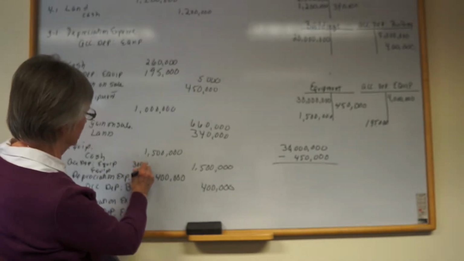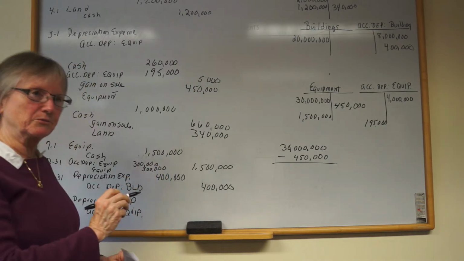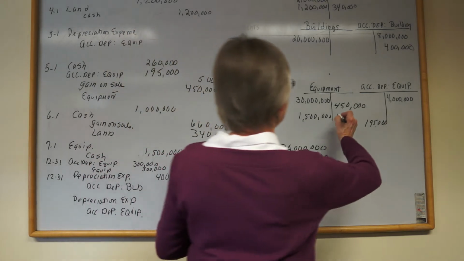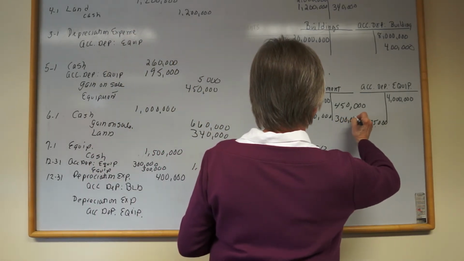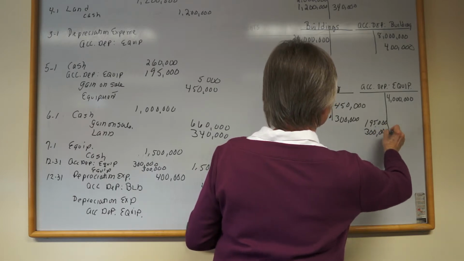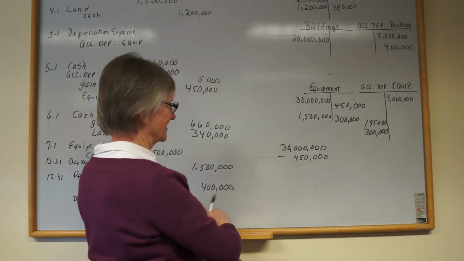This is really bad, but I don't have time to redo the whole thing, so you'll have to bear with me. So we retired the equipment, and we also removed the accumulated depreciation that went with it. Okay, so now let me go back to the adjusting entries.